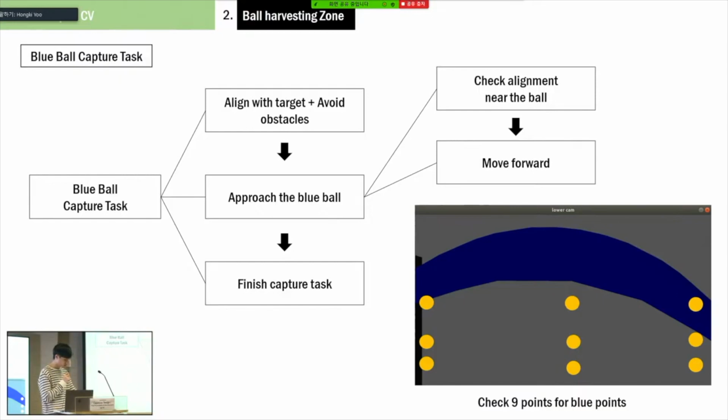The lower webcam checks if the targeted blue ball is actually caught, but the webcam was too close to the ball, so a shadow was cast in the image. So we checked 9 points in the webcam image, so that the robot could know that a blue ball was caught.